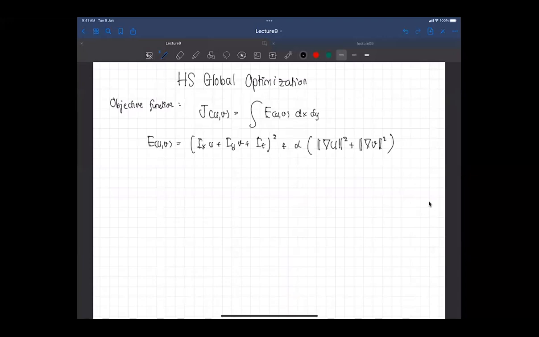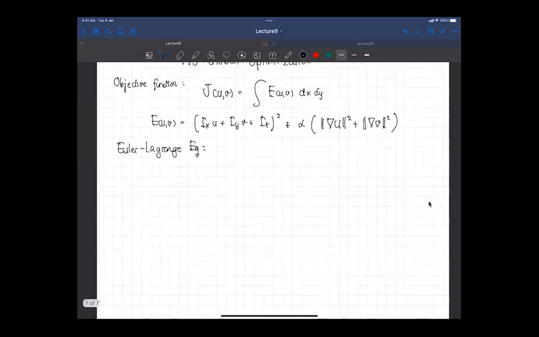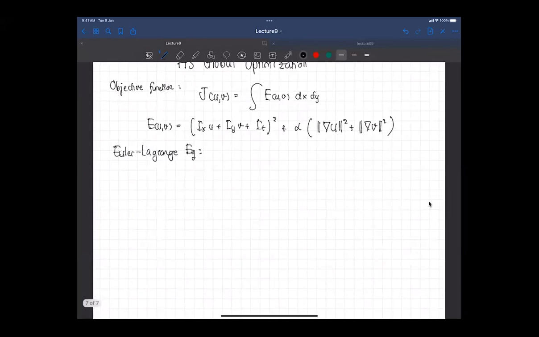So using the Euler-Lagrange equations, then we have, according to the Euler-Lagrange equation, F here is E, so dE/du minus d/dx.